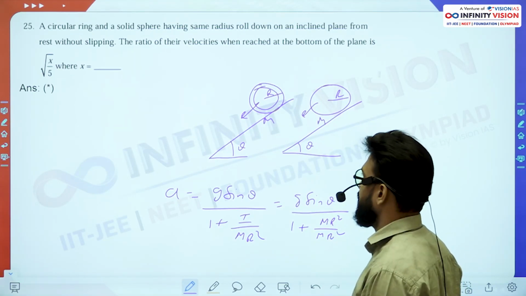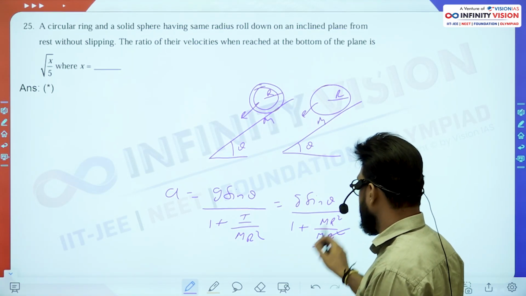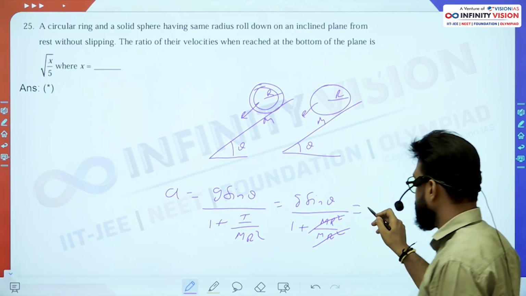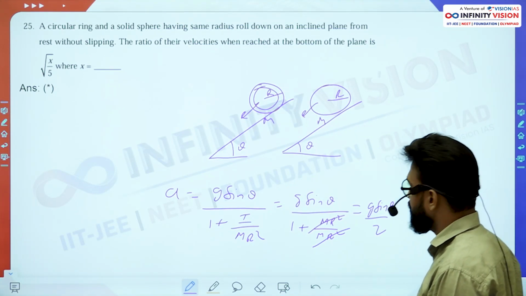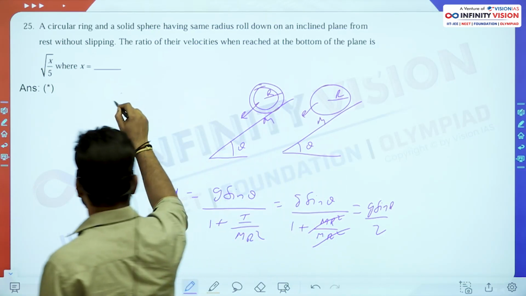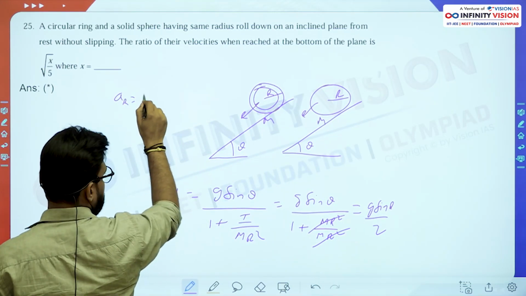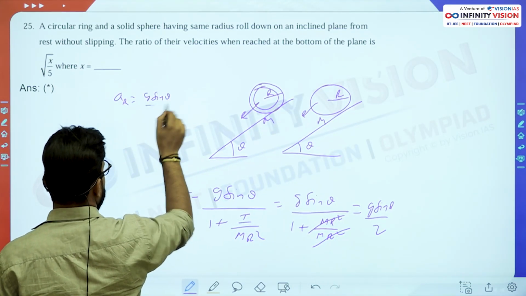For a circular ring, the moment of inertia is mr square. So mr square will cancel out. It comes out to be g sine theta by 2. So this is the acceleration of the ring, which is g sine theta by 2.